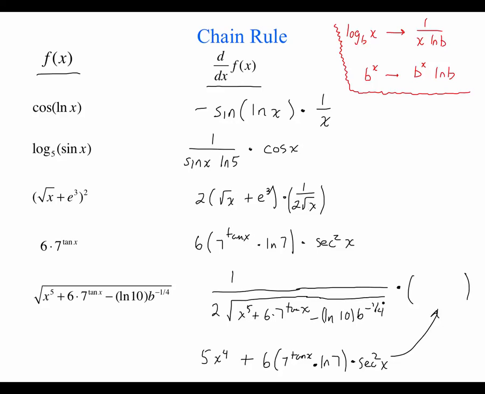So the rate of change of this is 0. ln of 10 times b to the negative 1/4, as x changes, stays constant, so its rate of change is 0. It's not 1 over 10, it's not negative 1/4 b to the negative 5/4. Why? Because that thing stays constant as x changes. So that expression there would be in your parentheses, and that would be the rate of change of that function.